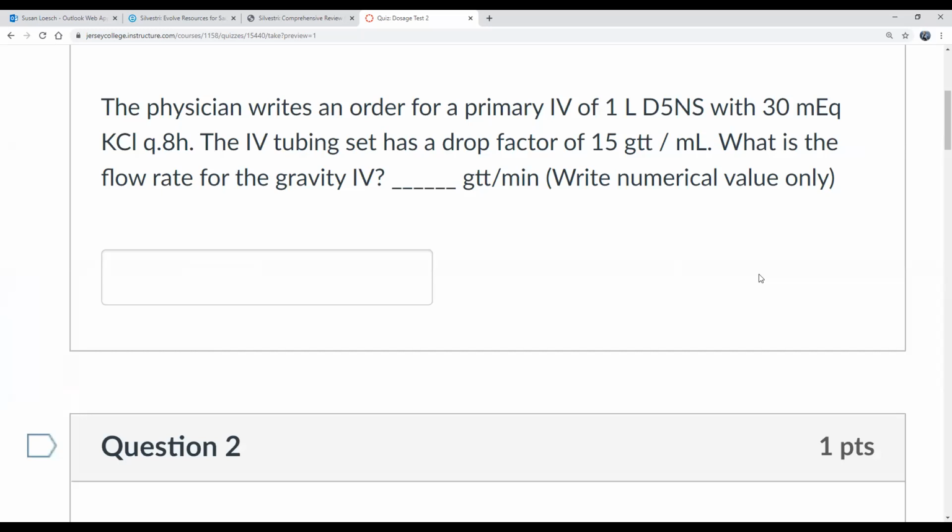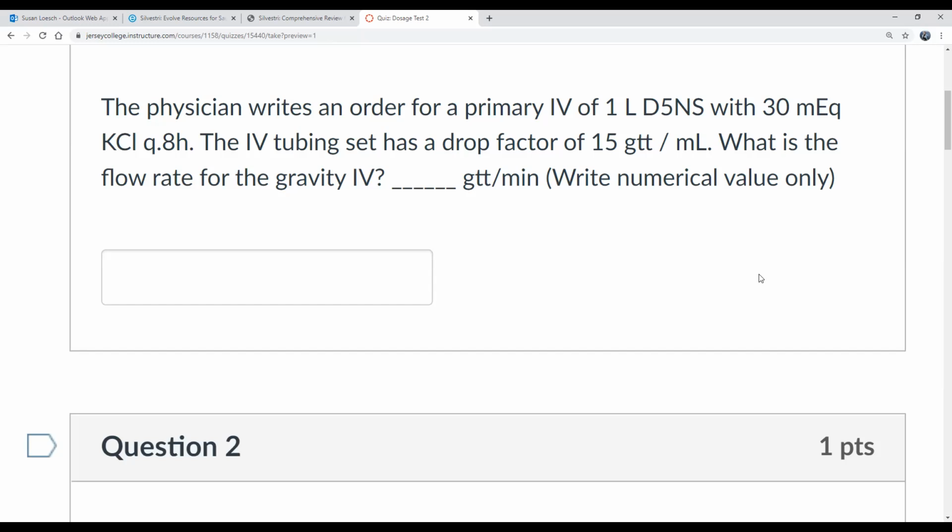So what's it asking you for? GTT per minute. So what do you need? Volume over time times drop factor. Okay, so what's your volume? 1 liter.